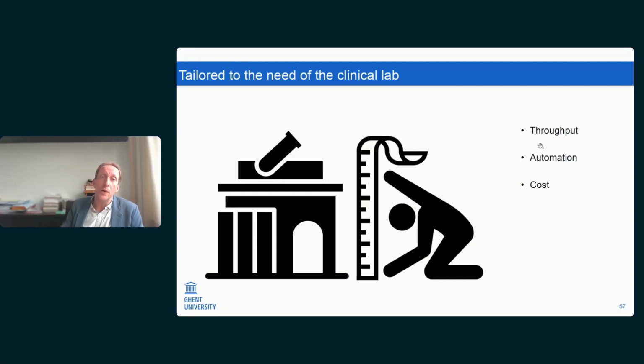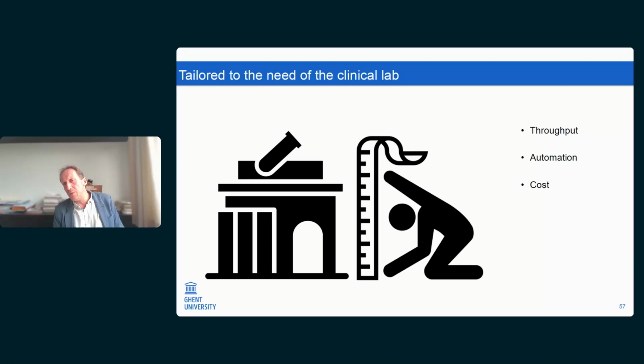And automation may be an important way to push that field forward, and also costs, because if you have manual handling of samples, for instance manual handling of microsamples, that means an additional cost to the lab. But also, if you have devices that cost more than blood tubes, that may also be something that a lab takes into account.